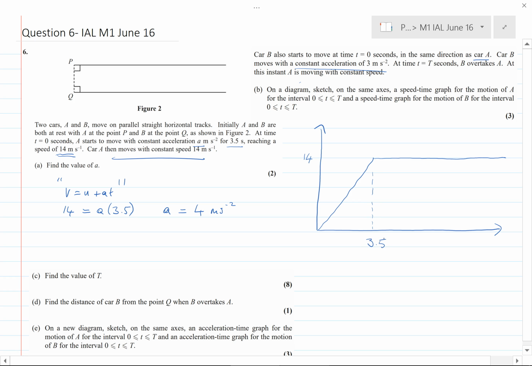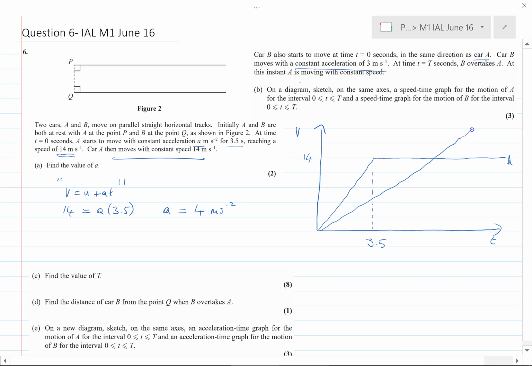Now that's for A. Now for B, we've got it moving with a constant acceleration from the start at 3 meters per second squared, which is slightly less than A's 4, so it's less steep.